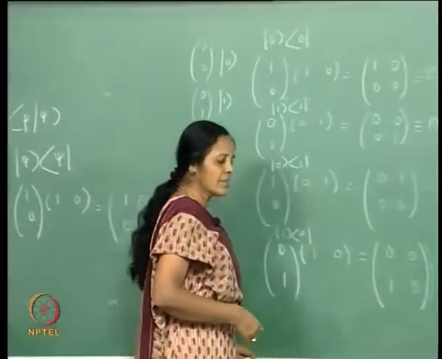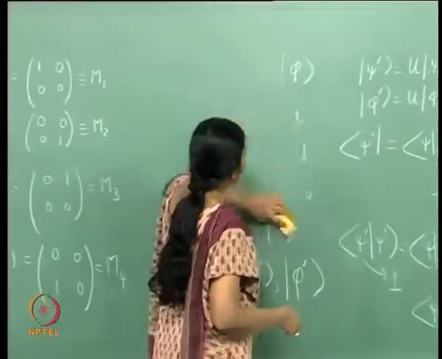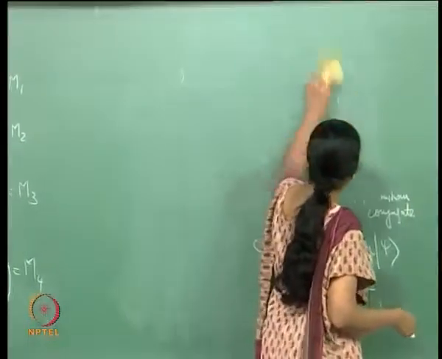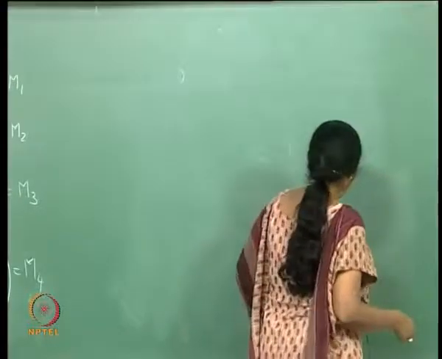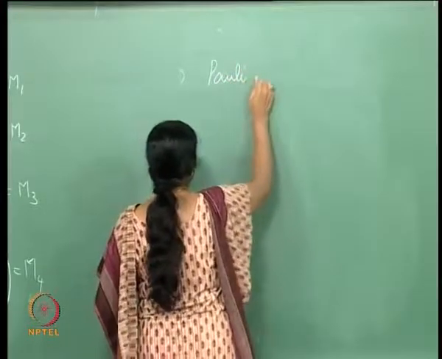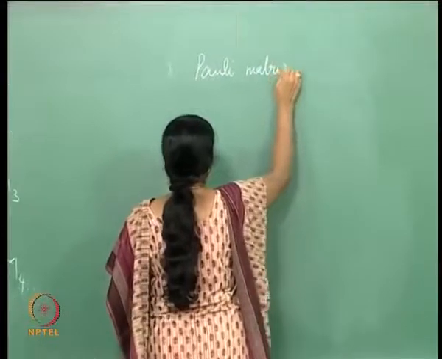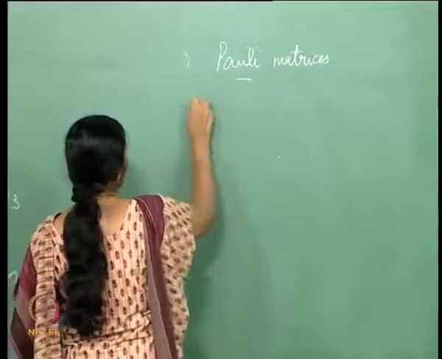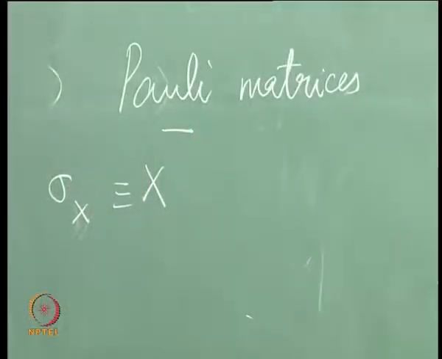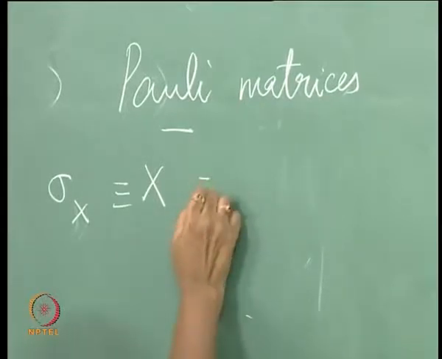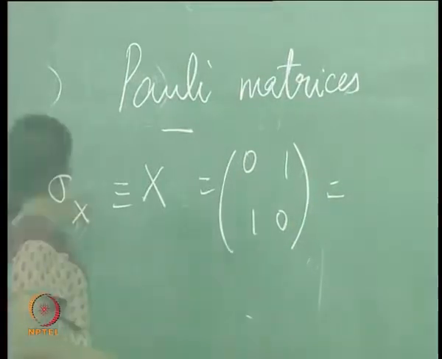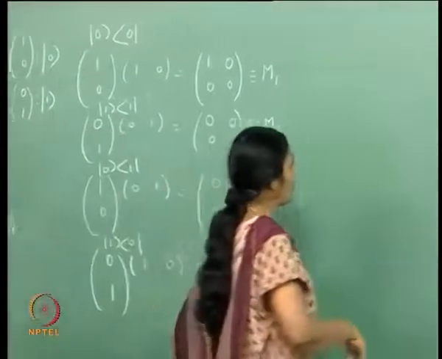Given these matrices, I can form a very interesting and very important set of matrices, which I will call the Pauli matrices. Sigma x, sometimes also called X, particularly in the language of quantum information and computation, and sigma x is 0 1 1 0. How do I get it from these? It's M3 plus M4.